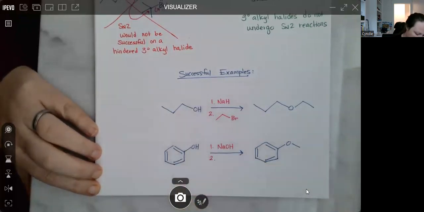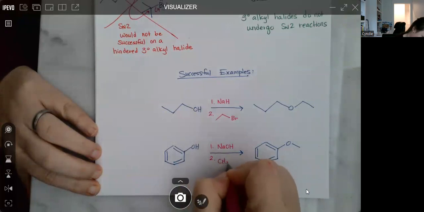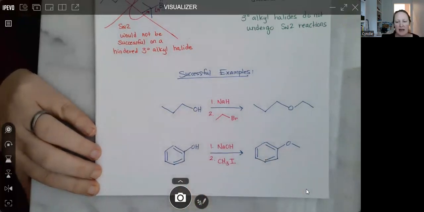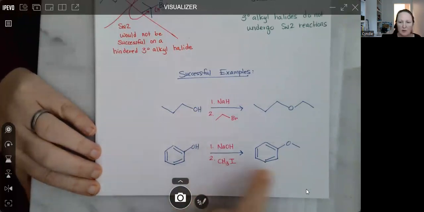And here's an example where we're using methyl bromide or methyl iodide, and this is very unhindered, so it would be a successful reaction.